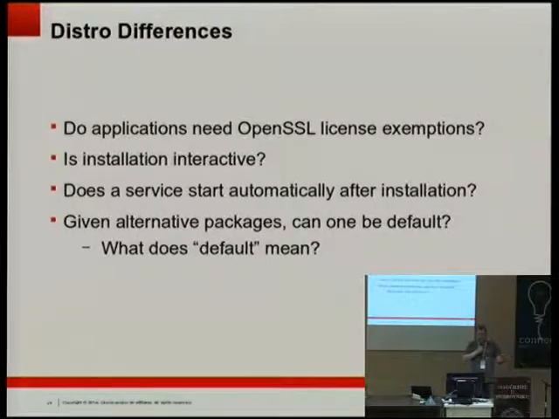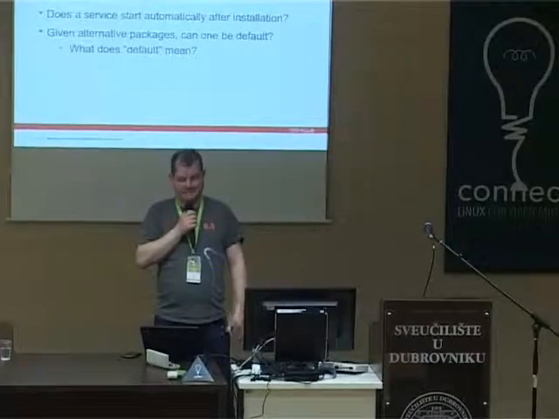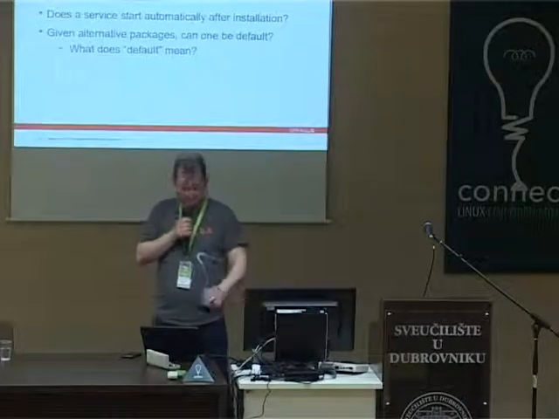So these repositories and stuff are not made to have defaults that way. In Debian and Ubuntu, each client application will specify a default. You have different defaults for different applications. So depending on which application you install first, you get a different server. Well, funny.